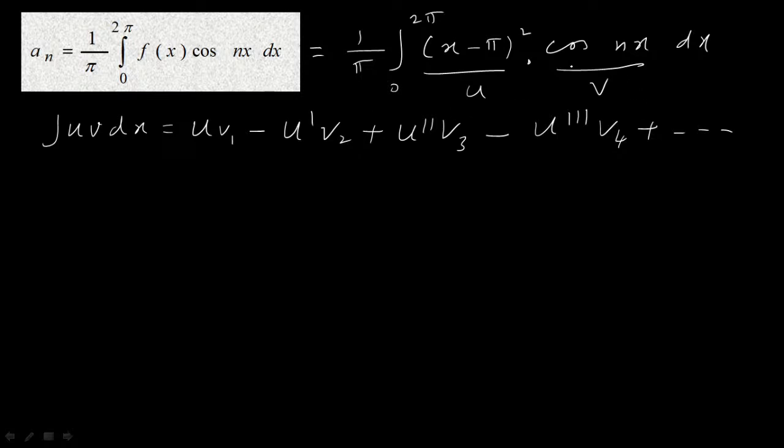Okay. Here I take the first term, that is u, as x minus pi the whole square and v as cos nx. So now I am going to differentiate u with respect to x, that is u dash. U dash is of the form d by dx of x power n is n x power n minus 1. Am I right?